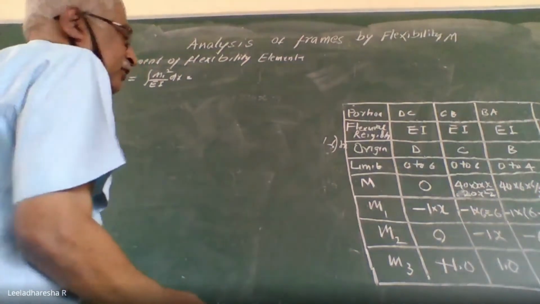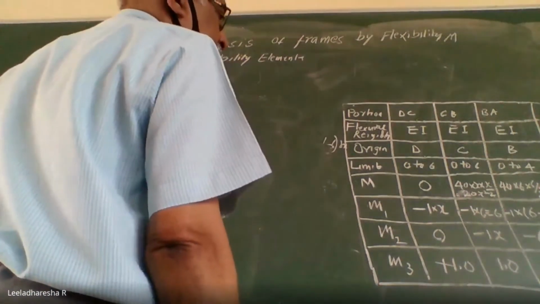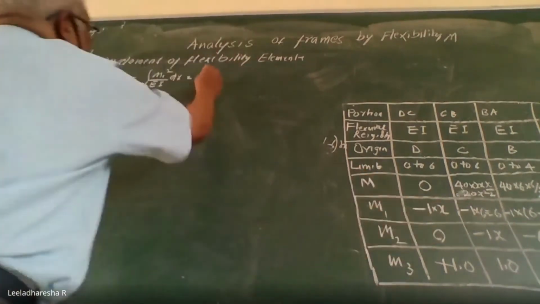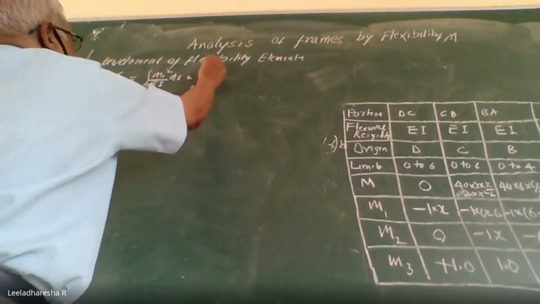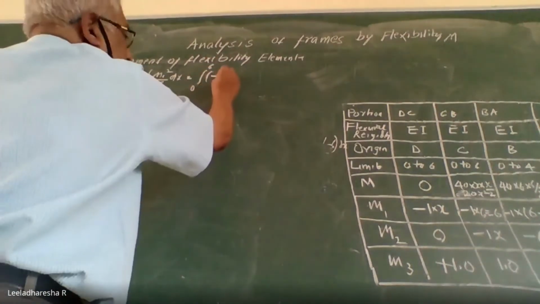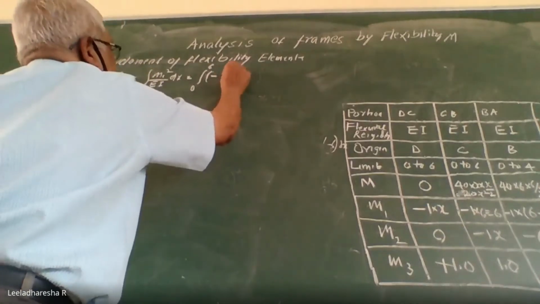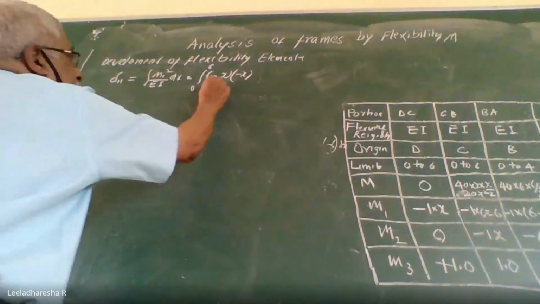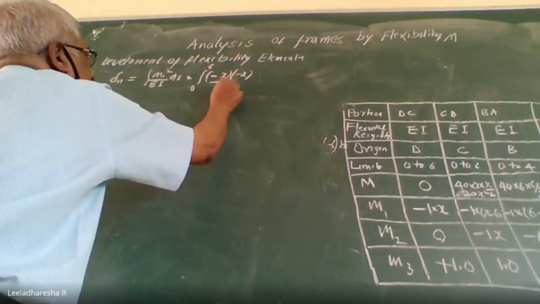For the first portion, m1 is minus x. So integration between the limits 0 to 6 of minus x into minus x, m1 square divided by EI.